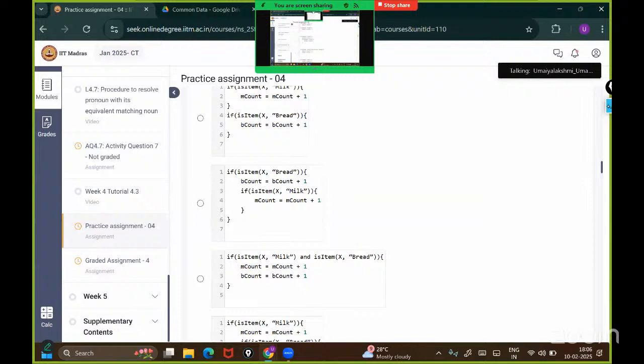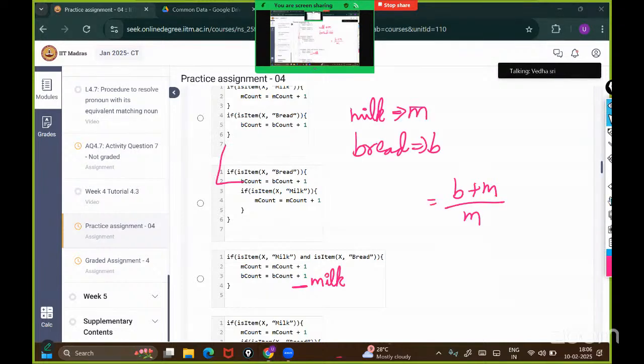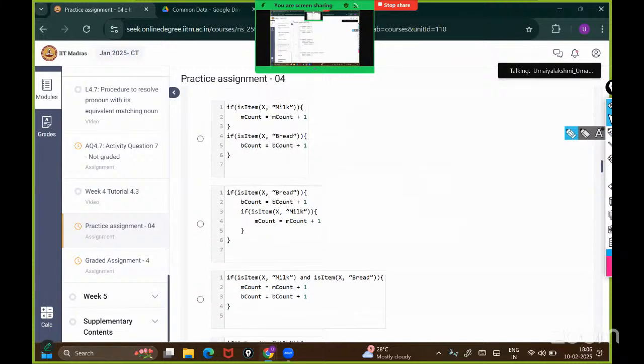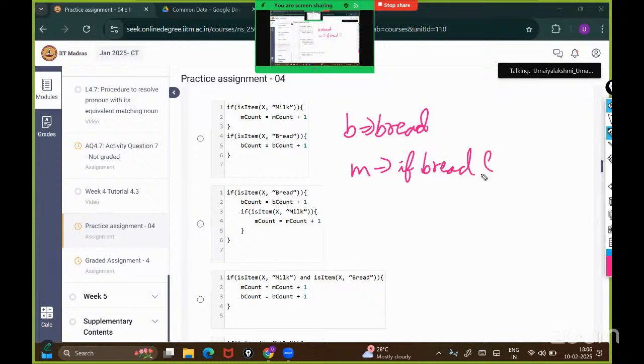In the case of the second one, let me tell you. First, what it counts: B contains only the bread count, right? B contains only if it is bread, the B count is included here. Yes, ma'am. How about M count? M will be counted only if they have purchased bread and then milk is purchased, isn't it?